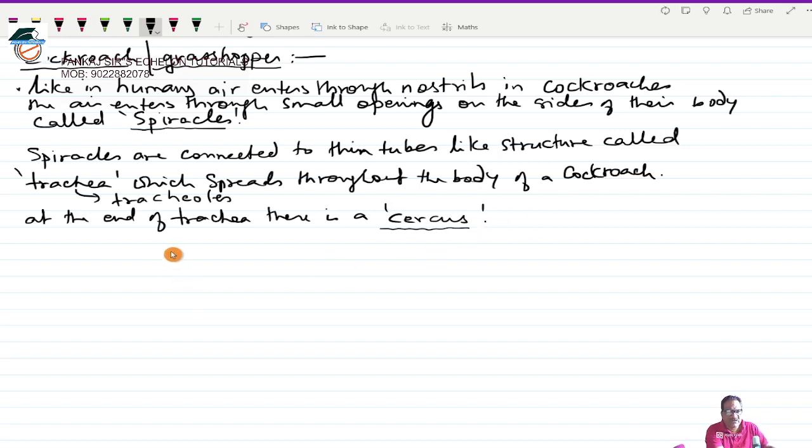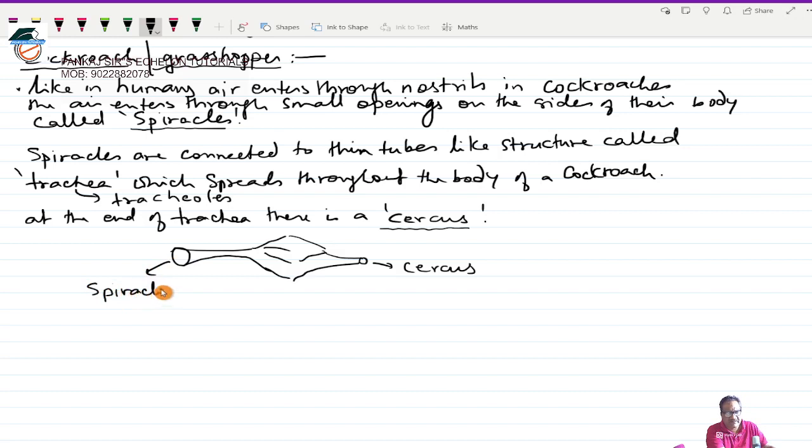So suppose you have this as a spiracle, this is your trachea. The trachea later converts into tracheoles, and these tracheoles reunite, and here at the other end you will find the cercus. This is the other opening, cercus. This opening is known as spiracle, and this tube is nothing but trachea. So this is the main respiratory organ in the cockroaches and in the grasshopper.